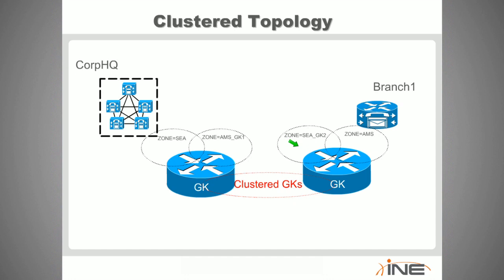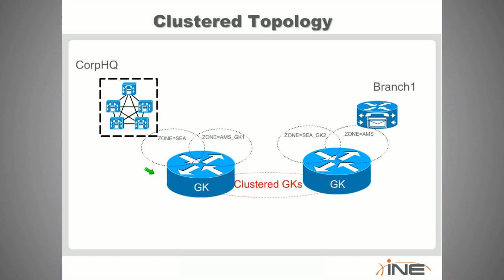Okay, we become part of a true cluster, and we pass state information, or stateful information. And likewise, the CME on branch 2 will register with the local branch 2 gatekeeper in the zone Amsterdam, but will also automatically be registered with the corporate headquarter router in the backup zone called Amsterdam Gatekeeper 1.